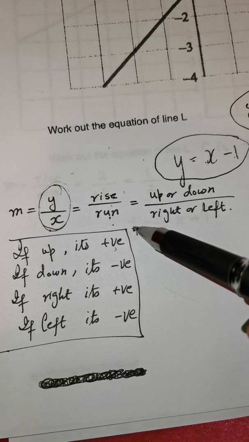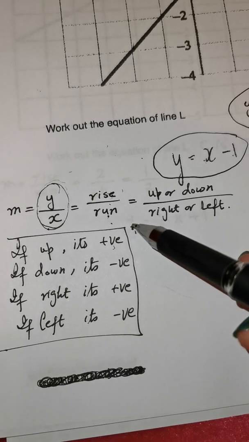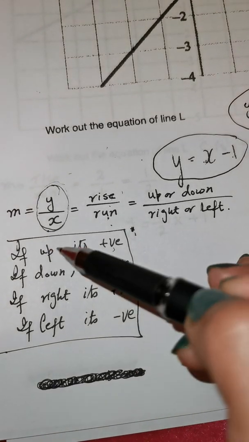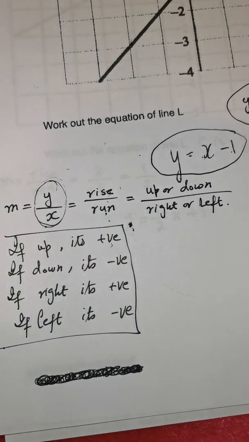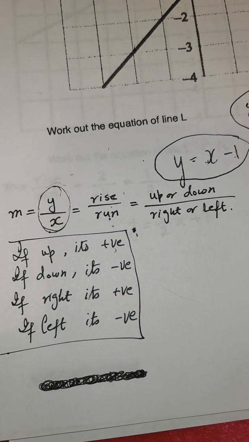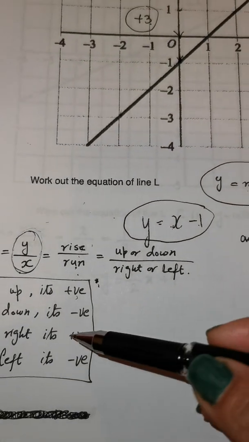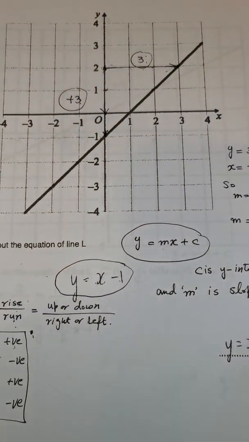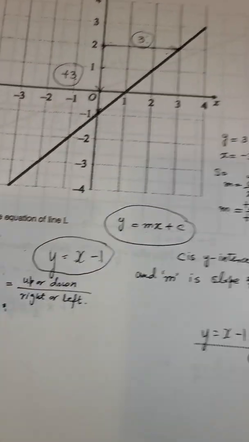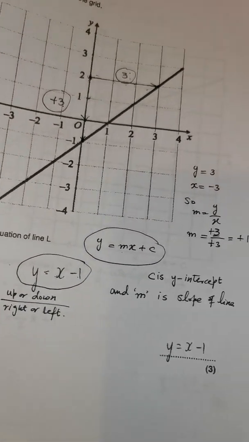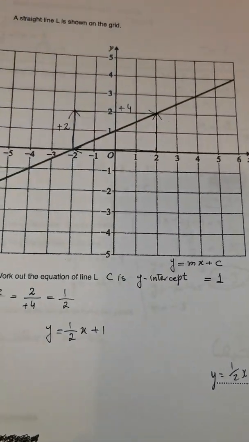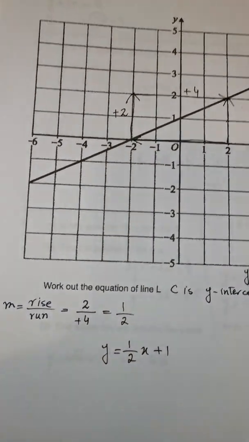But if you have a point here and you have to go to the left-hand side, then your run will be negative. Keep this in mind, find the slope and the y-intercept, and you can easily calculate the equation of the line.